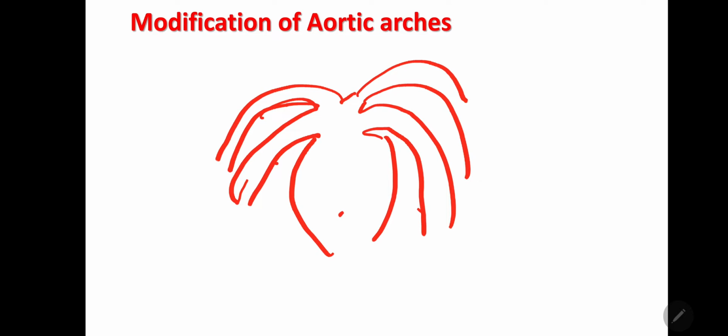They disappear, and when you see the aortic arch system as a whole here, first aortic arch artery, second aortic arch artery, third, fourth, then you have the sixth aortic arch artery.